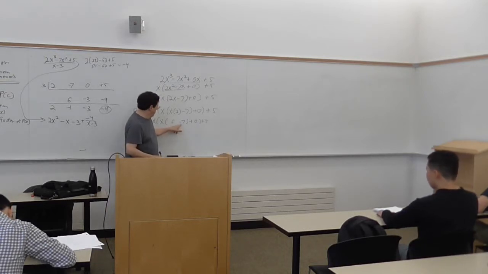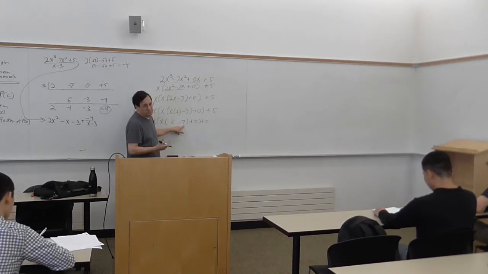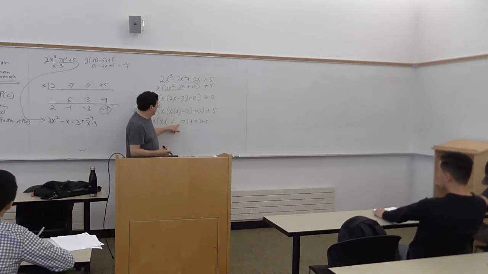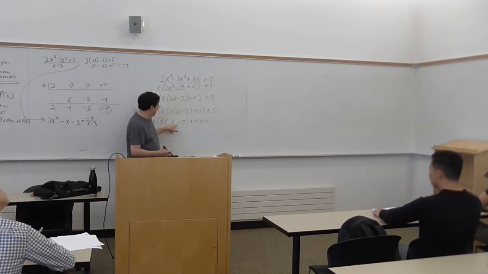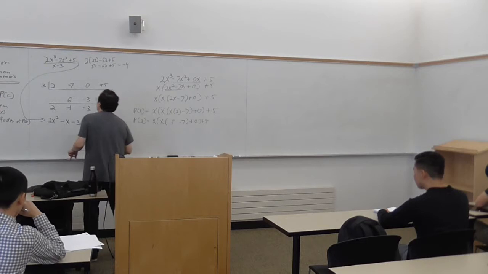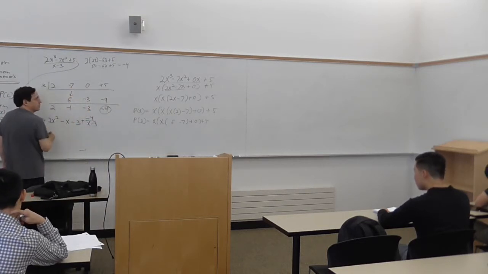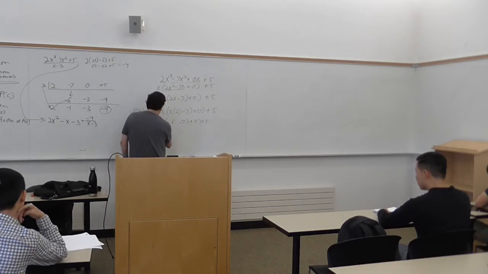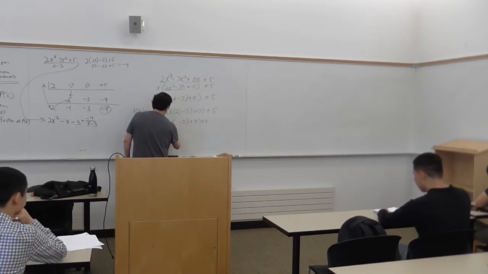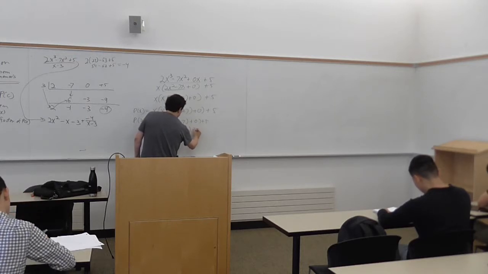Now I know what to do next. I have to add 6 and minus 7. Either I'm going to subtract 7 from 6, or I'm going to add negative 7 to 6. I'm going to add negative 7 to 6. So I multiply 3 by 2, then negative 7 plus 6. X minus 1 plus 0 plus 5.